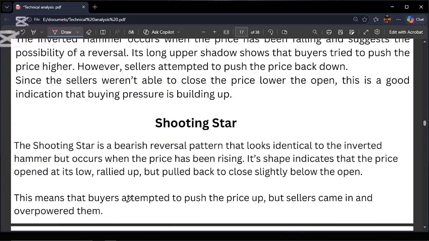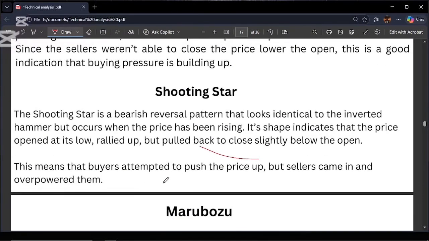The shooting star is a bearish reversal pattern that looks identical to the inverted hammer, but occurs when the price has been rising. Its shape indicates that the price opened at its low, rallied up, but pulled back slightly below the open.